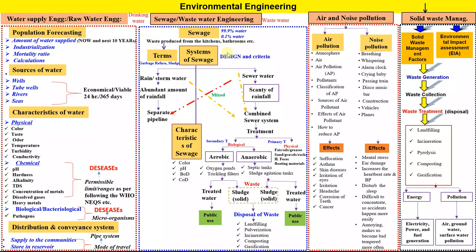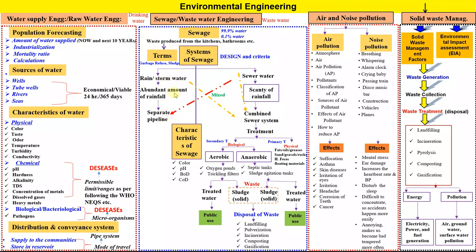Sewage system. In this part, we will learn design and criteria, because a sewage system contains two parts: one is sewage and the other is storm or rainwater. If we have an abundant amount of rainfall, definitely we have a separate pipeline.